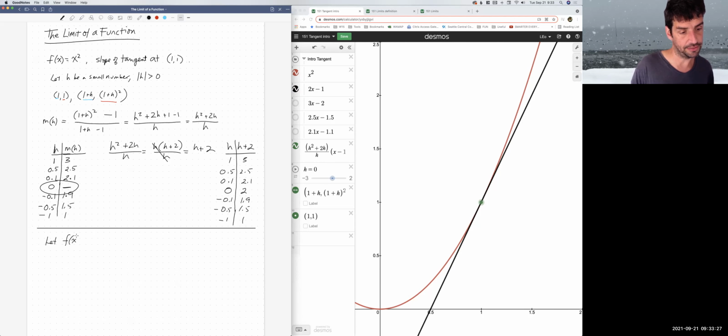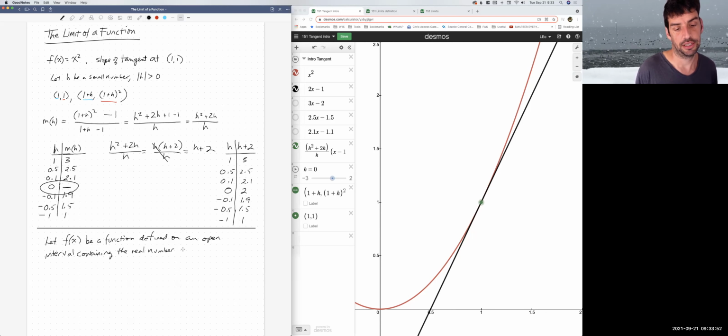Let f of x be a function defined on an open interval containing the real number a, except possibly at a.